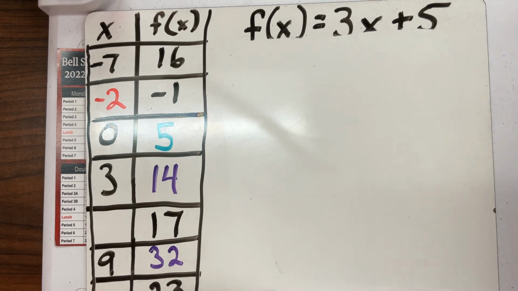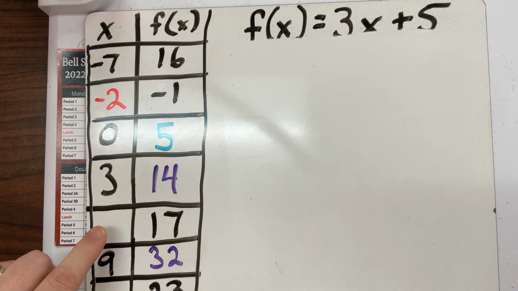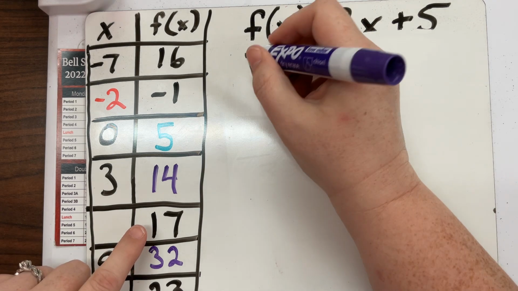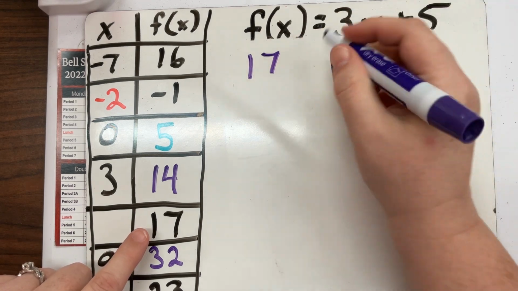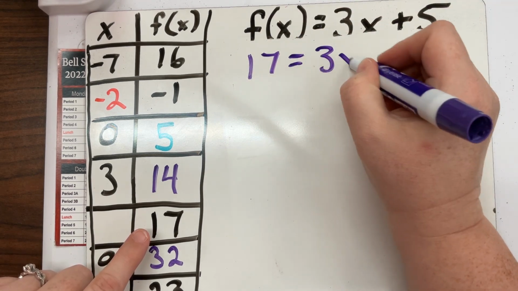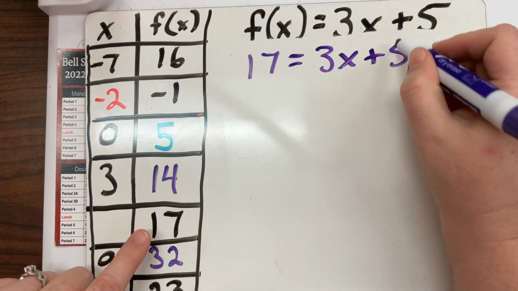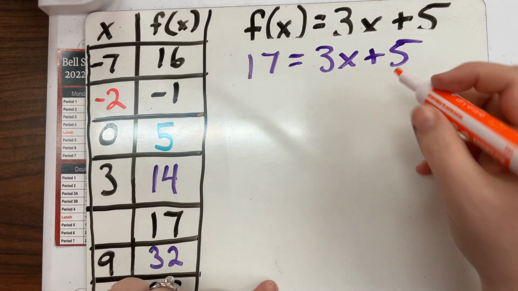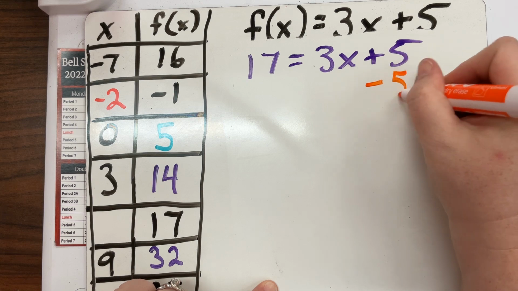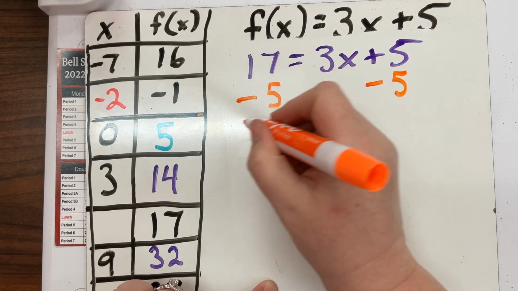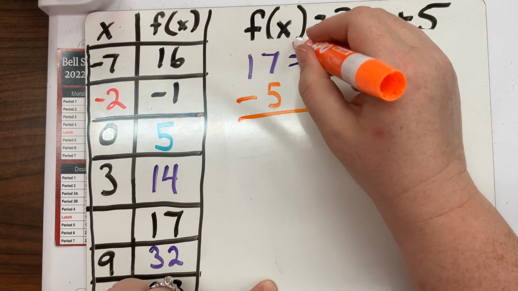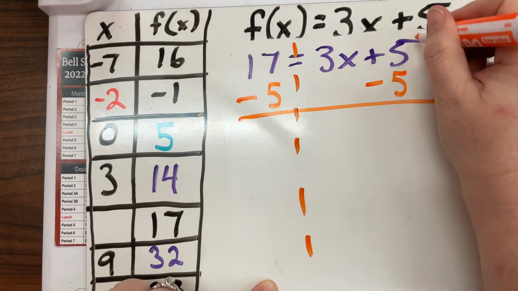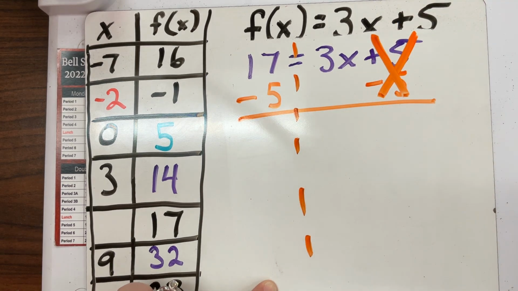Okay, let's do one more and then I gotta go before fourth period kills me. Okay, so we've got 17 equals 3x plus 5. Let's get rid of that plus 5. Minus 5, minus 5. Don't forget our invisible line. We cross these guys out.